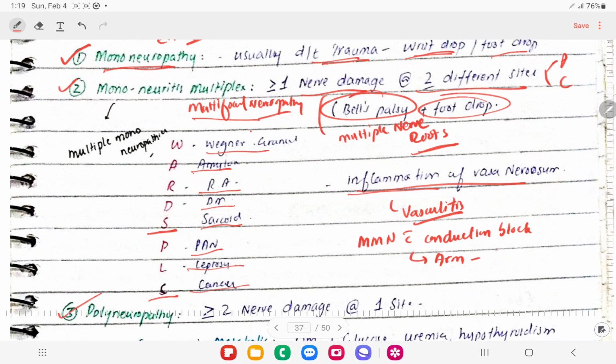And it is associated with anti-GM1 antibodies like that we see in GBS patients, right. It responds to IVIG, intravenous immunoglobulins. So multifocal motor neuropathy with conduction block is an important type of mononeuritis multiplex, right.